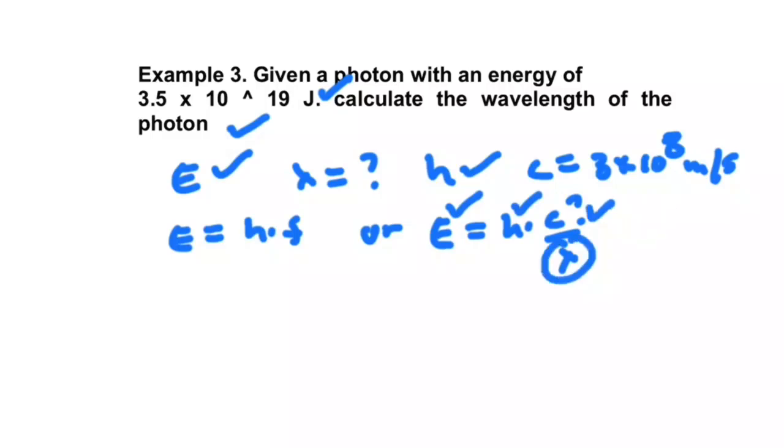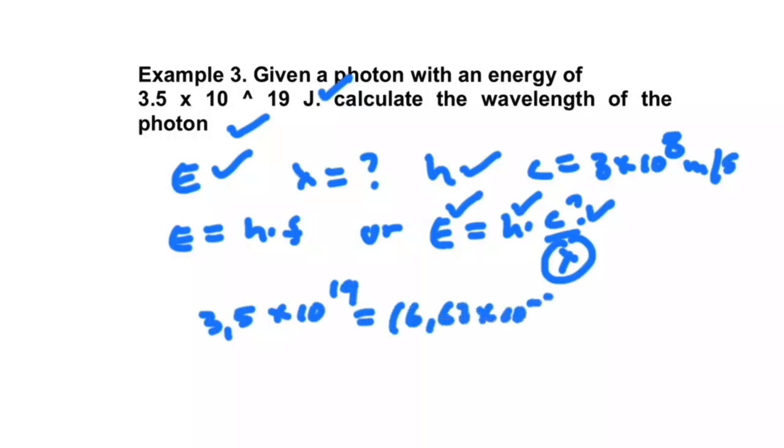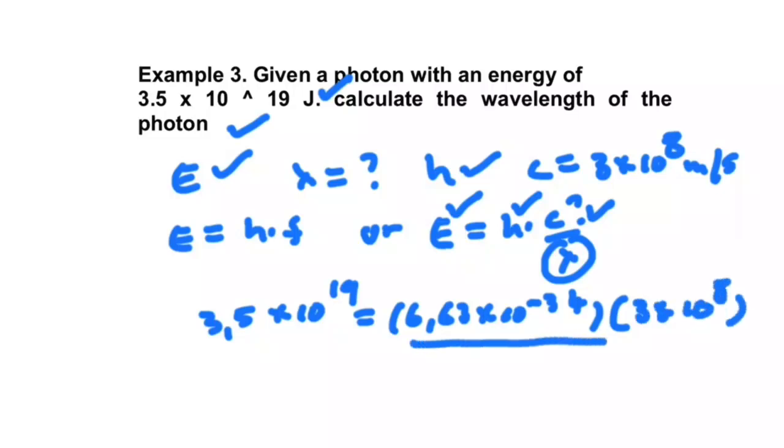So the energy is 3.5 times 10 to the power 19. Planck's constant, that is 6.63 times 10 to the minus 34, multiplied by the speed of light. I'm going to show you a trick. The speed of light is 3 times 10 to the power 8 meters per second, everything divided by the wavelength.